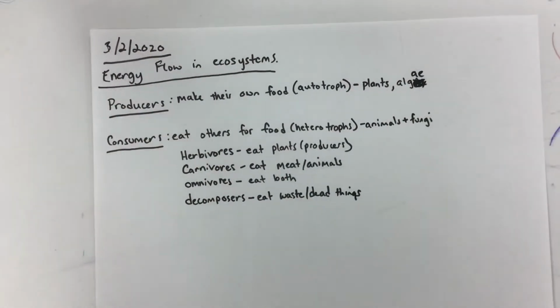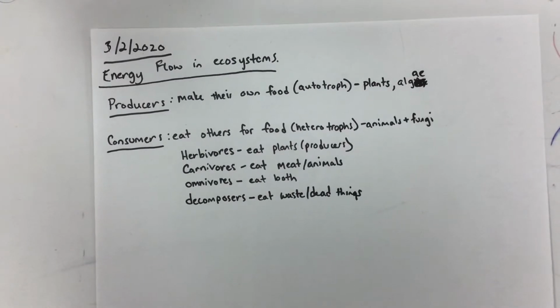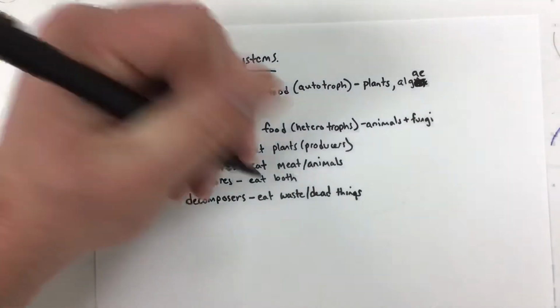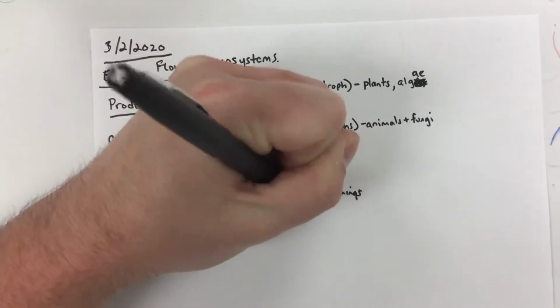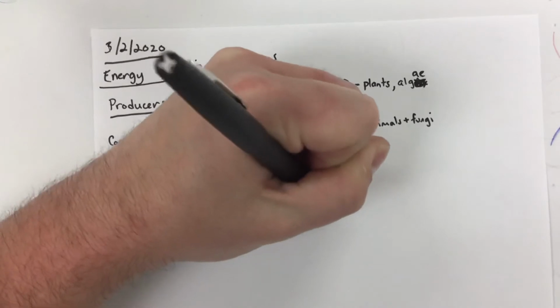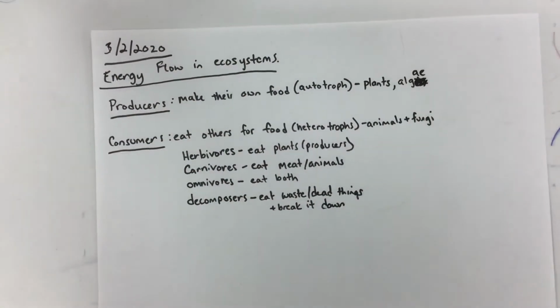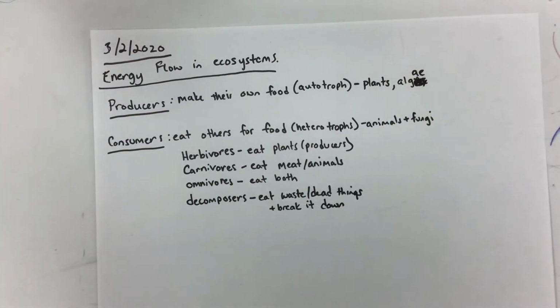So when an animal's fur falls out or when you lose your dead skin, decomposers come along and they break it down while they eat it. So they don't only eat it, but they also break it down. We have decomposers on our skin right now. Luckily, our immune system is keeping them in check, but a lot of times when you get skin infections, something's wrong with your immune system, or you're throwing it out of whack, and the decomposers are literally decomposing your skin a little bit while you are alive.